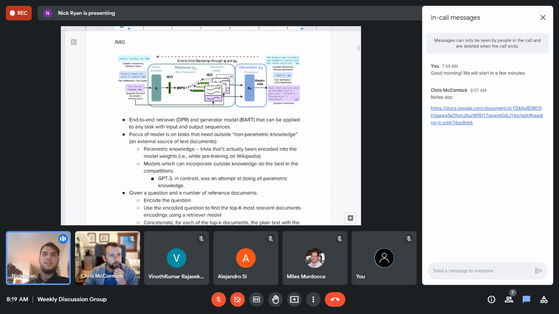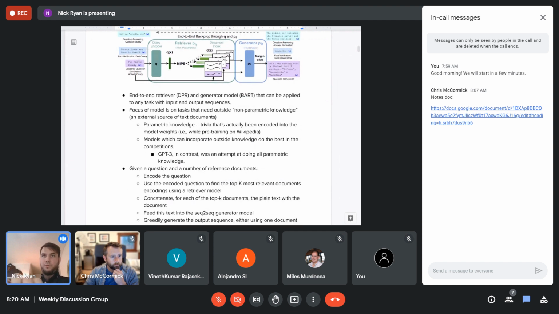BERT, because it's been pre-trained on so much text, knows some factoids just from seeing the same piece of text over and over. It can do an okay job generating answers, but sometimes it hallucinates, because it's just going word by word with maximum probability. So it's not always right, and this is an attempt to augment parametric knowledge with non-parametric knowledge.